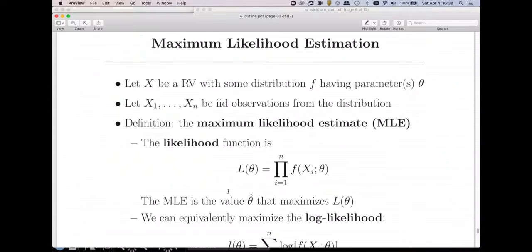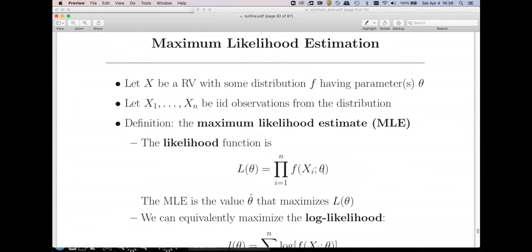And then, as I described earlier, the maximum likelihood estimator is the value theta hat that maximizes the likelihood function. In the case of numerical random variables, you're going to have PDFs rather than PMFs, and you don't really interpret that as a probability.